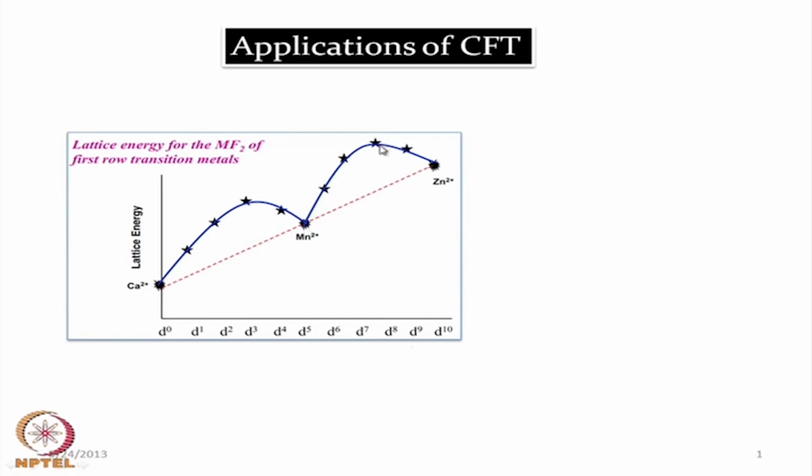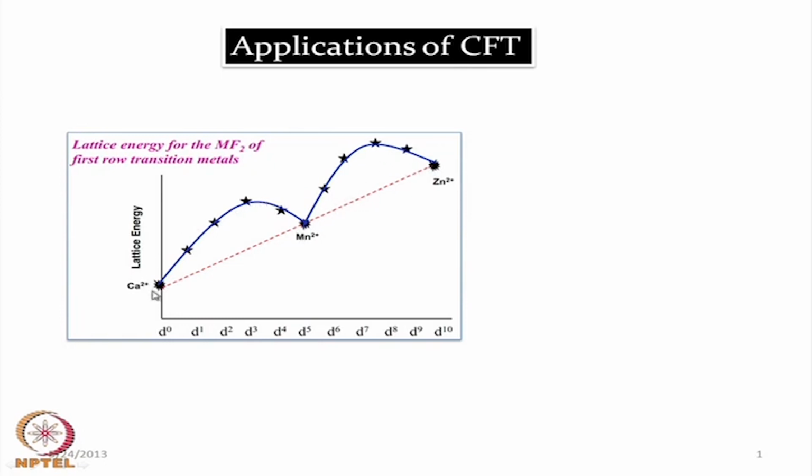Similarly, beyond d8, when pairing off occurs and the situation is completely half filled for manganese 2 plus, the situation is like calcium 2 plus. So, from here this double hump curve forms again, that means again 1 electron, 2 electrons and 3 electrons in the t2g level. Then we have one electron in the eg level, and the second one also in the eg level.